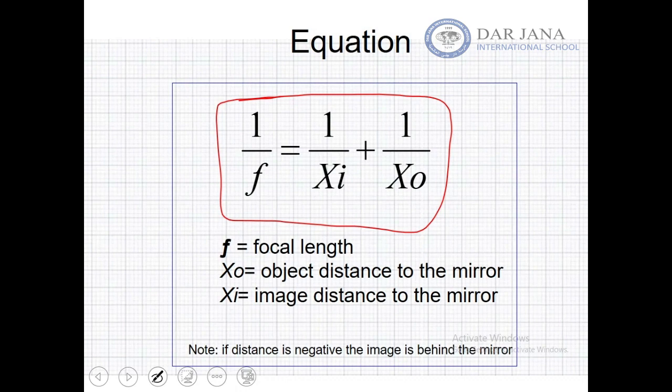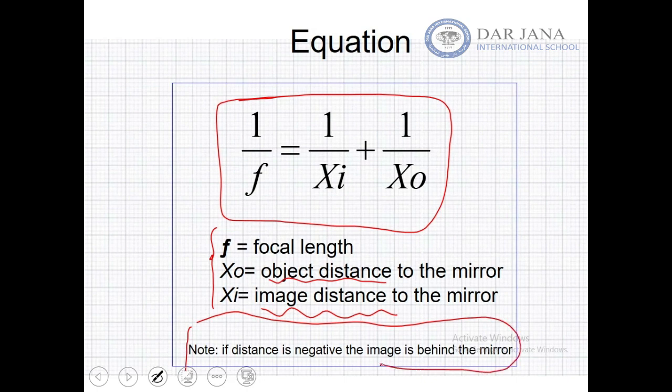So far so good. This is a very important formula, a very important rule in optics in order to find one of these values, on the condition, of course, that the other two terms are given. F stands for the focal length, XO stands for the object distance from the mirror, and XI is the image distance to the mirror. Now, here you have a very important note: if the distance is negative, the image is behind the mirror.